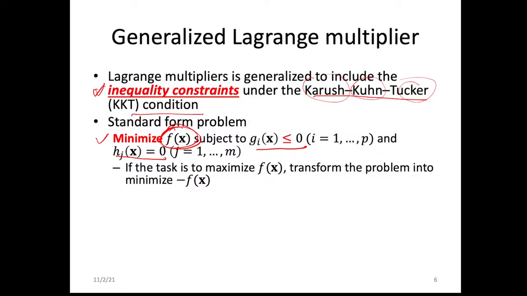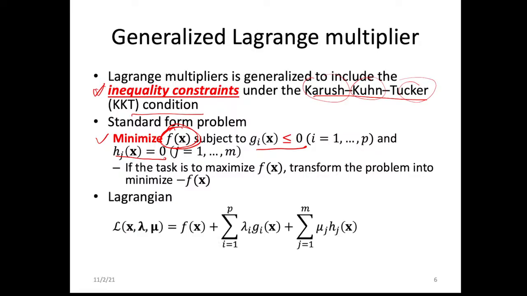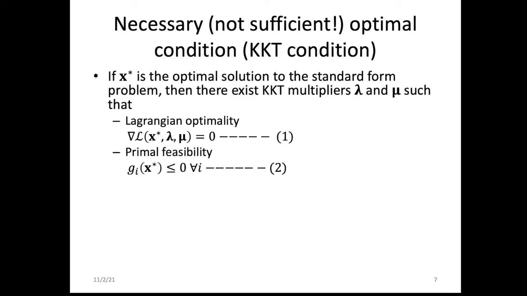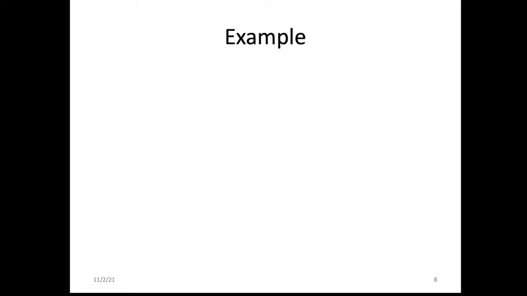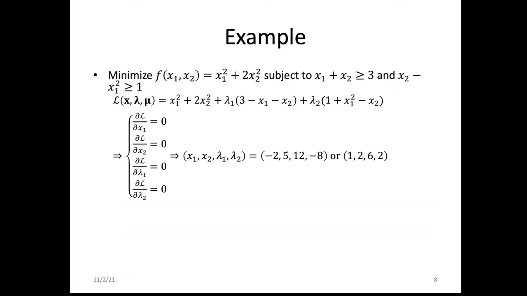I have less than 2 minutes, so let me quickly talk about how to do that, and we will see the example next time. So the Lagrangian will be f of x plus lambda i gi of x plus mu j hj of x. That's your Lagrangian function. Let me skip these slides real quickly and go to where I want. You take the partial derivative, set it to 0, solve the equation.